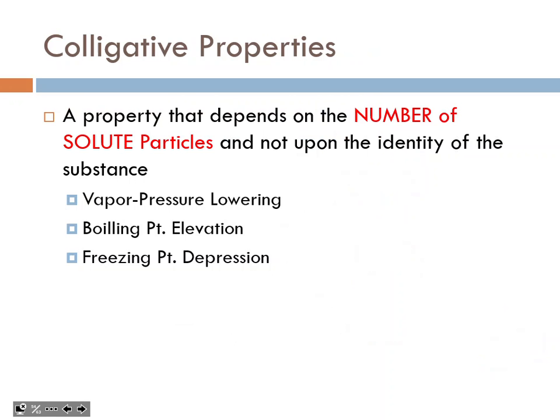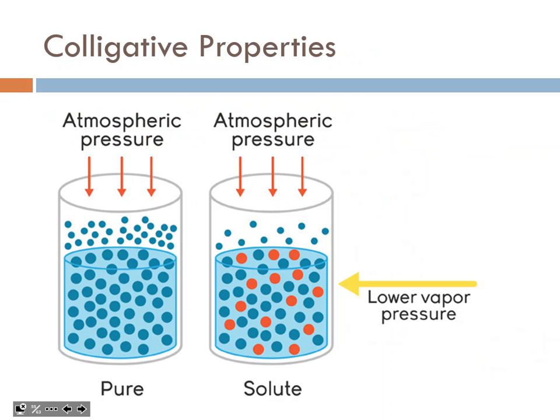Boiling point elevation, though, is increasing the boiling point, and vapor pressure lowering is lowering the vapor pressure. Now remember, I showed you this little area of vapor pressure. If you add solute particles in orange here, not as much is exposed to the surface, so you get fewer particles that are evaporating and condensing, so the vapor pressure goes down.